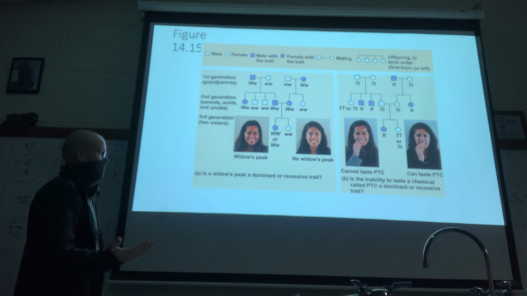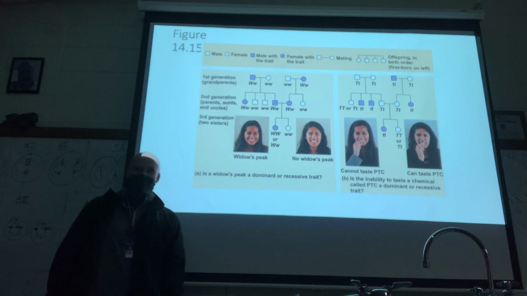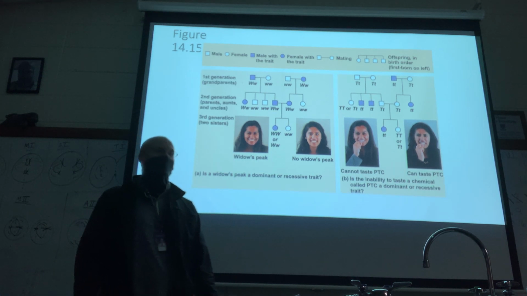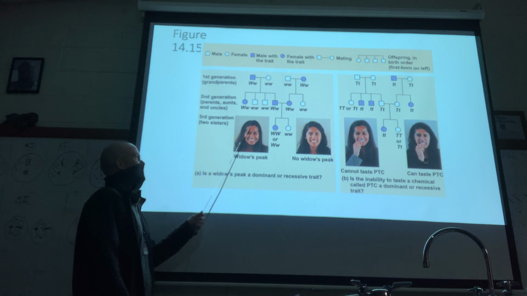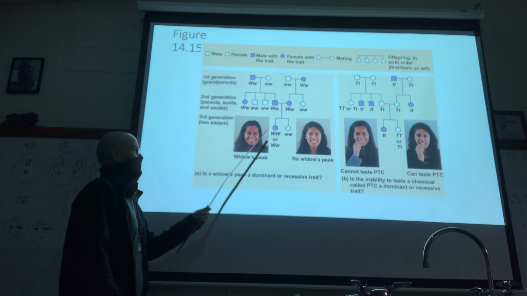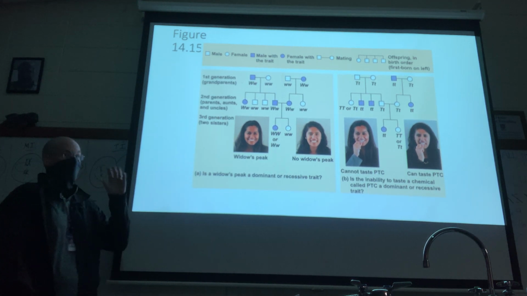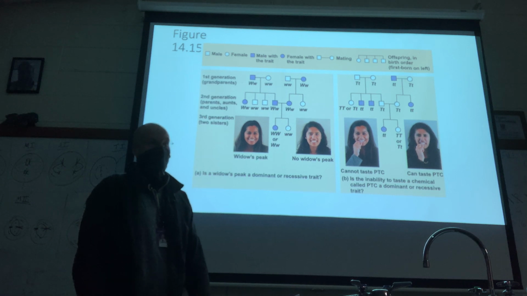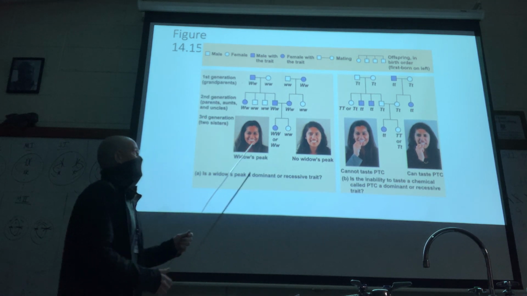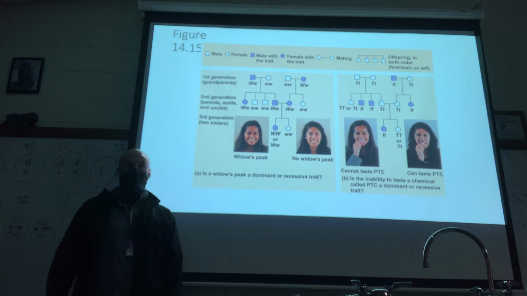Now, we haven't talked about these specifically, but there's something called a widow's peak. I actually don't know if I have one, because it's where the hair at the front of your forehead here, or the top, makes a little bit of an angled pattern versus not having that bit of hair growth in that pattern. That is based on a dominant or recessive genotype.